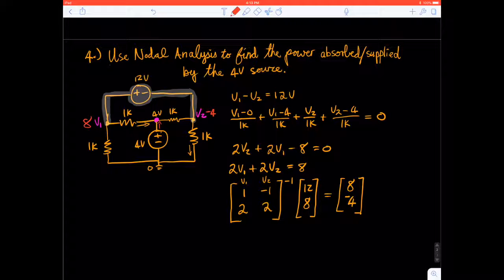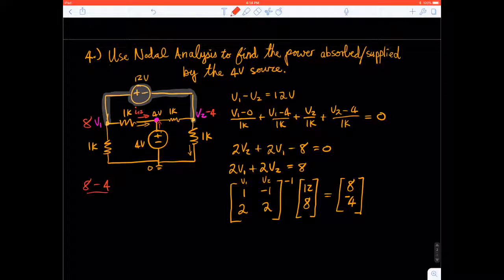Now that we know the voltages, we know that the current going right here is going to be 8 for V1 minus 4 for that 4-volt source, divided by 1K. We'll call this I1, or we can call it I12 because it's going from 1 to 2.